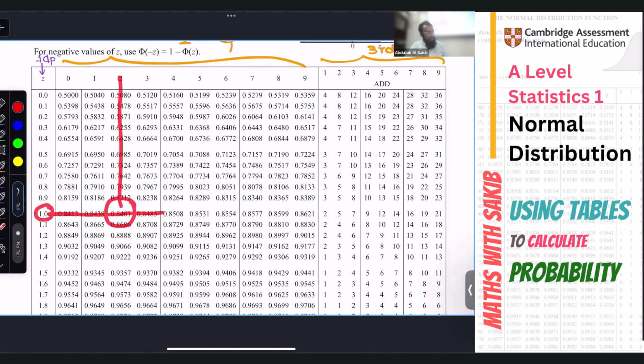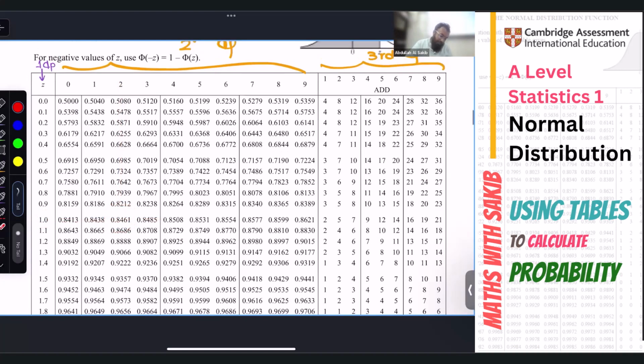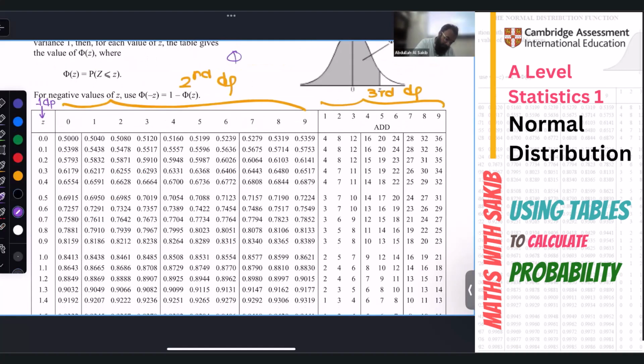Clear? Again. Now we are trying to find phi of 1.02. So first go to 1.0. So this is my 1.0. And what's the second decimal place? 2. So this is my 2. Clear? So the intersection will be the answer. So the intersection will be the probability.